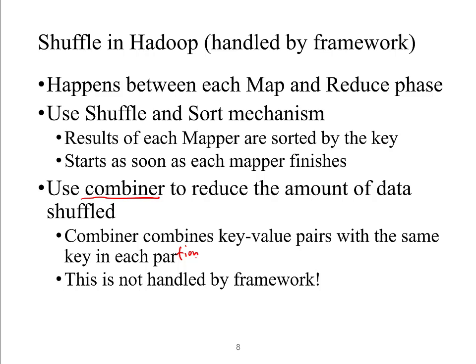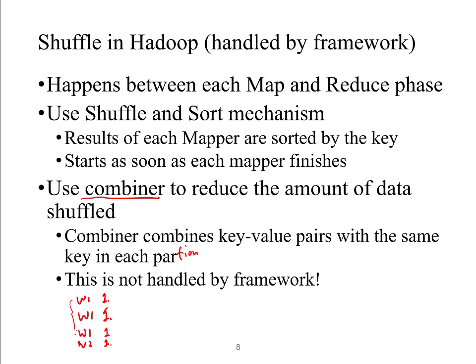For example, let's say word count, right? You have W1 1, W1 1, W1 1, W2 1 on your mapper, and by combiner we mean we combine the key-value pairs with the same key.